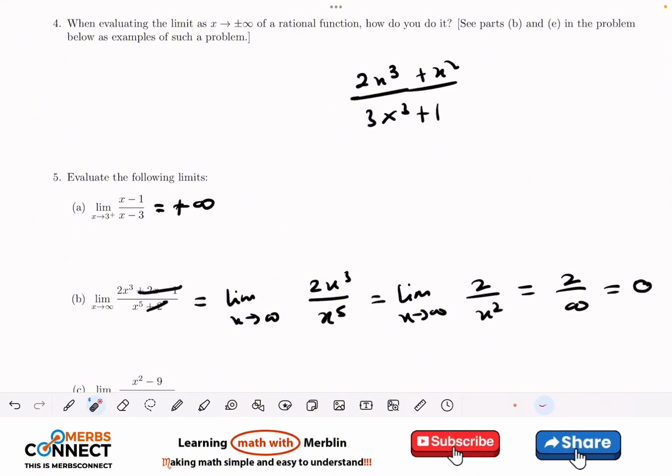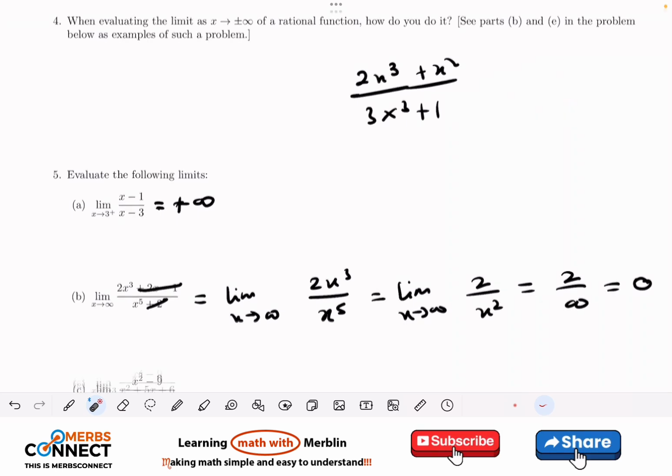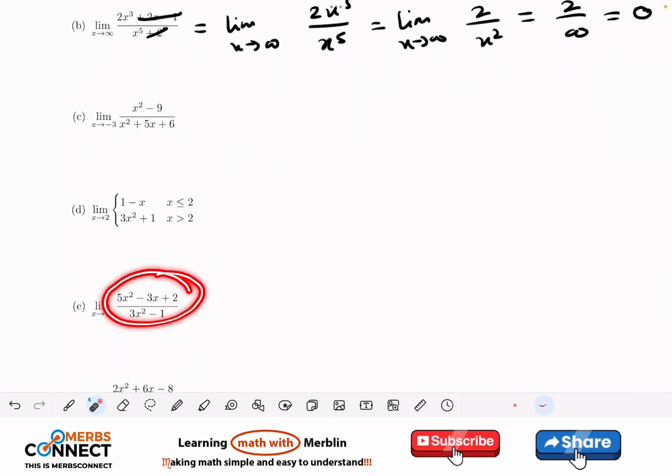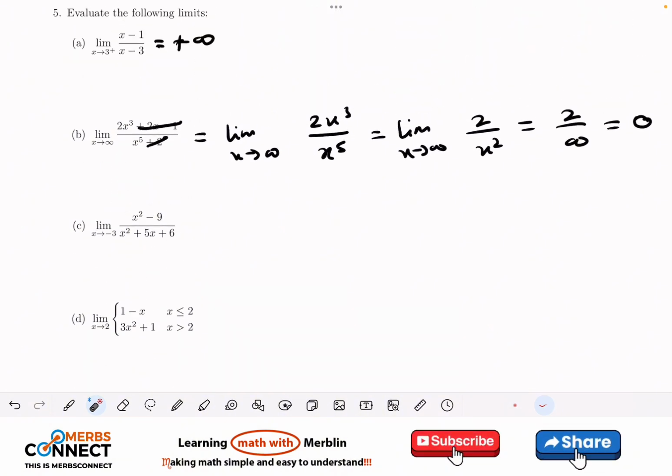So you can see that the highest degree here is the same as the highest degree here. What we are going to do is, the horizontal asymptote, or the limit as x is approaching infinity, will be the coefficient, which is going to give us 2 on 3. That is the idea with that. So I think this one has the same degree. So you will see how we are going to get the final results here.